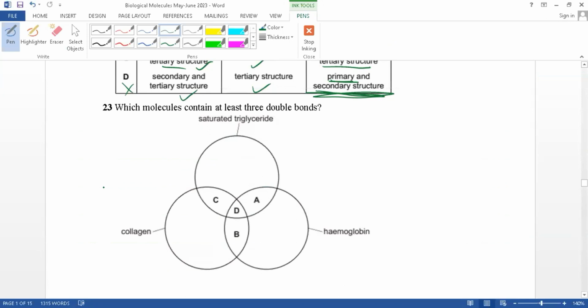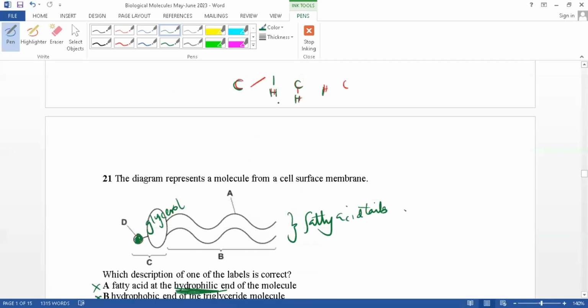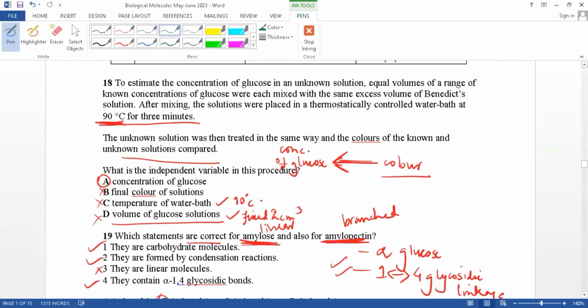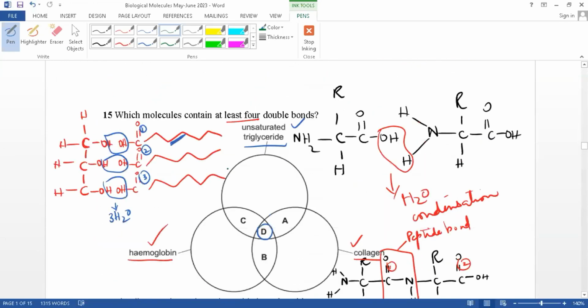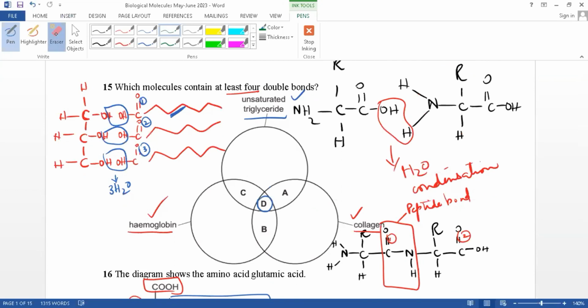Which molecule contains at least 3 double bonds? Again, the same type of question. If we talk about a saturated triglyceride, it would again have 3 double bonds, like the one we discussed a few minutes ago. If it is a triglyceride and saturated, then there will be no double bond in the fatty acid tails.